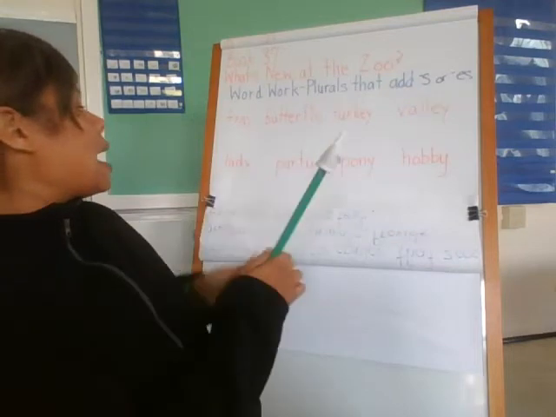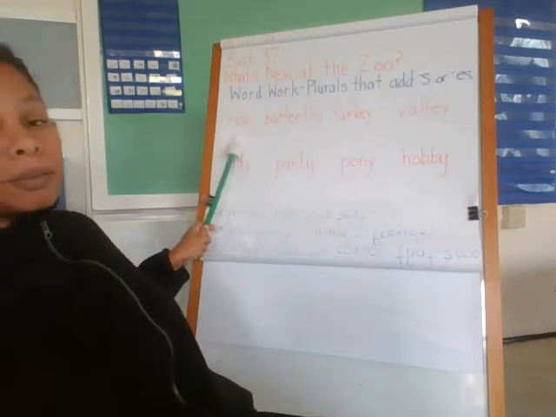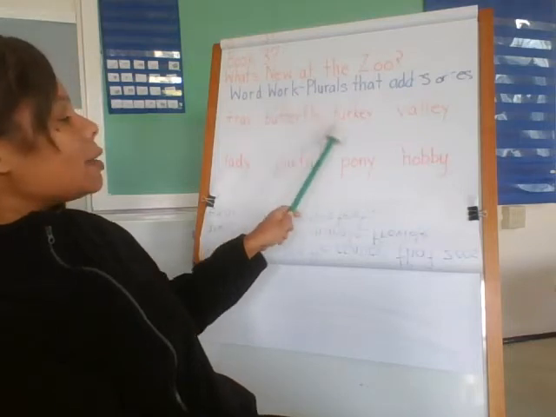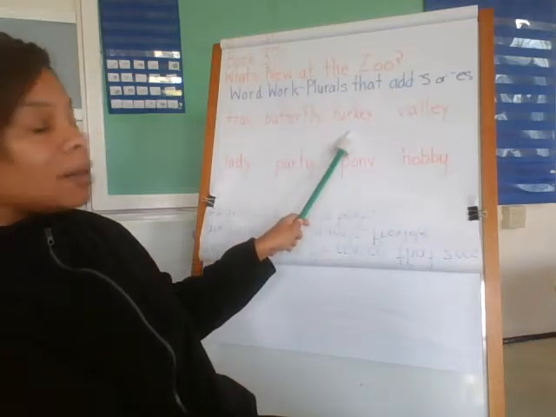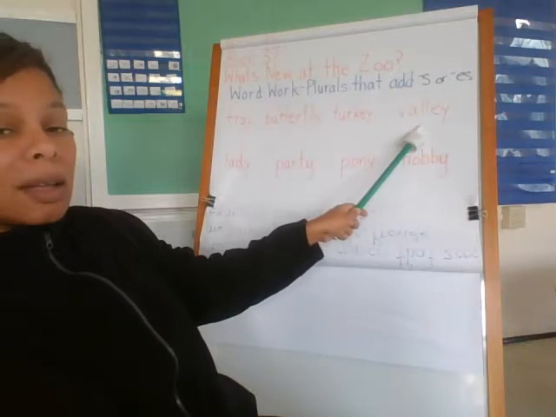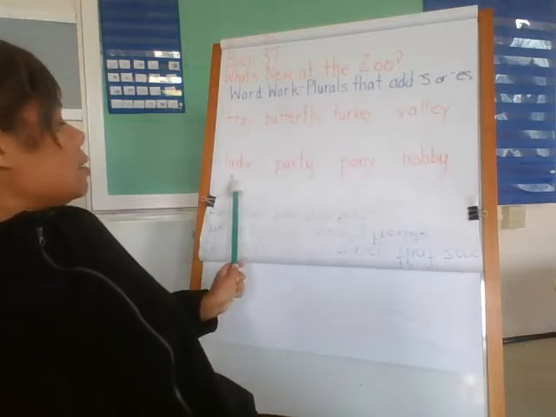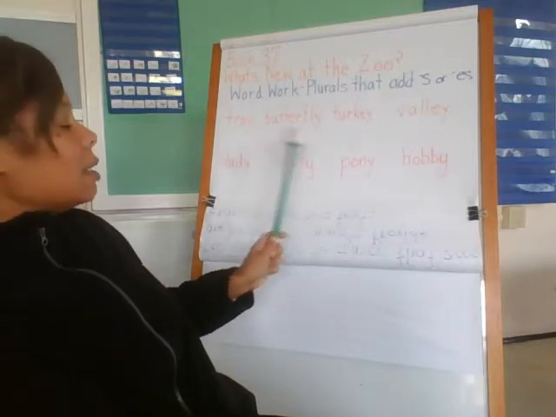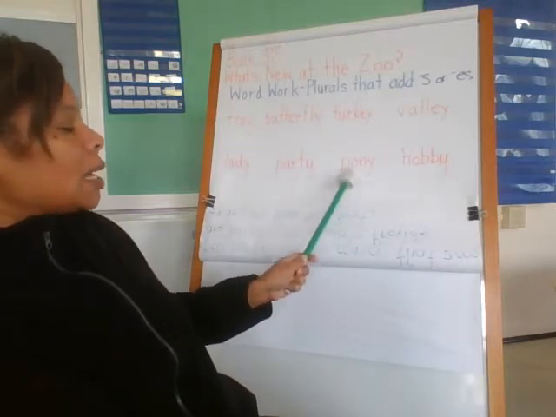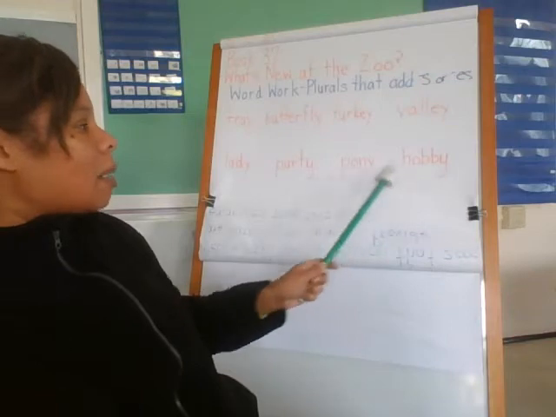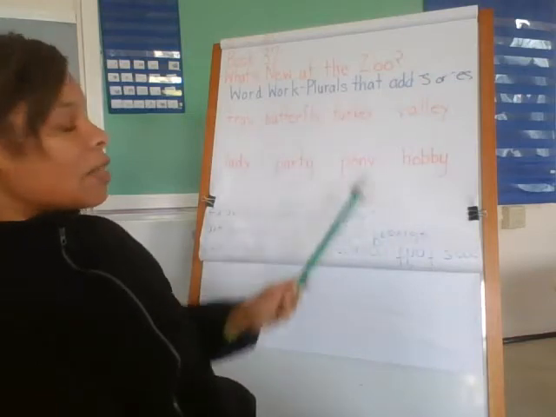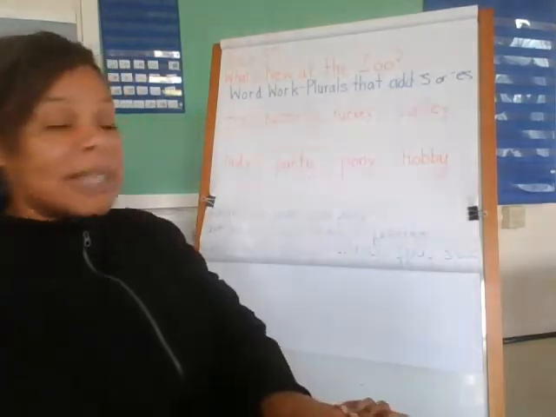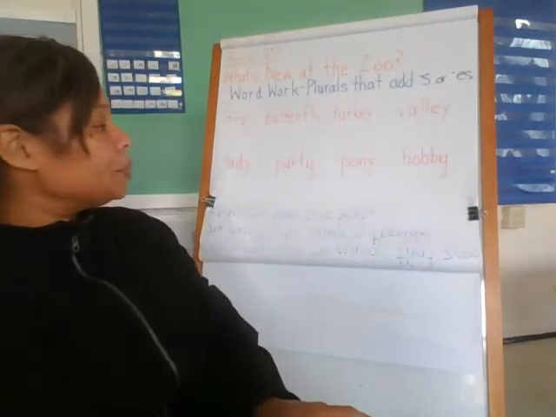So we have one tray, one butterfly, one turkey, one valley, one lady, one party, one pony, and one hobby. So these are all singular things, meaning that they're only one. So at this point, put me on pause so you can get all of this written down, and then we will continue.